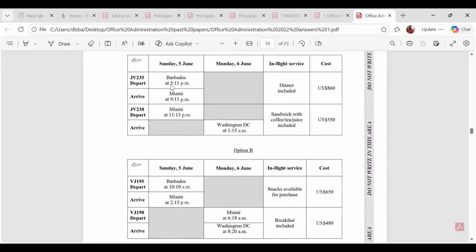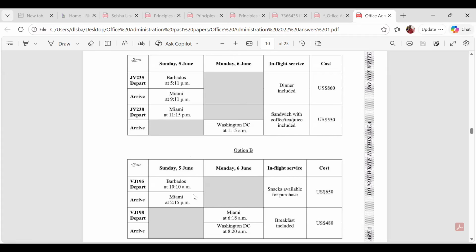Option A, he's leaving at 5 p.m. Sunday, and reaching Washington at 1 a.m. Monday. So a disadvantage is that he'll be reaching early in the morning. An advantage, however, you're only staying in Miami for 2 hours. Seeing that you're in Miami 9 and you're leaving 11.